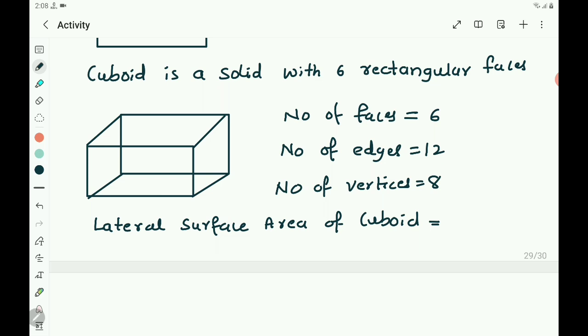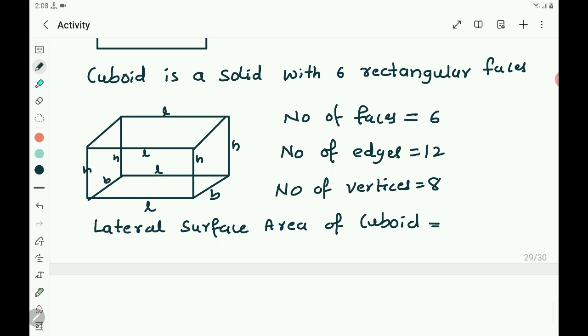So let us take this is L, this is B and this is H. All these 4 are L and these are H and these are B. So 4 lengths, 4 breadths and 4 heights you will get here.